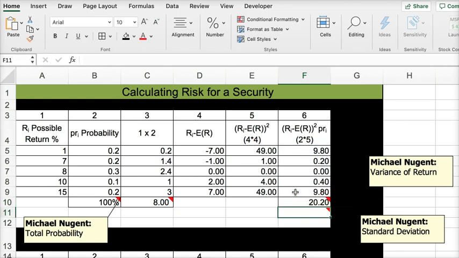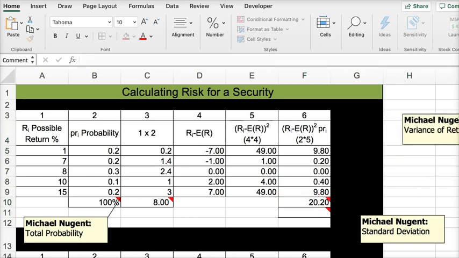Okay, so this would be the variance of return. This is the little notation here. Now we're going to calculate the standard deviation, which is basically the square root of this. So I'm going to use the square root function. Click on that, enter this cell, close parentheses, and this would be the standard deviation.